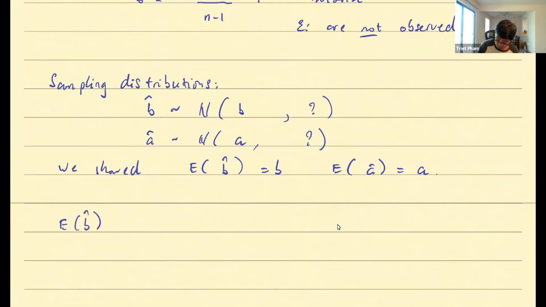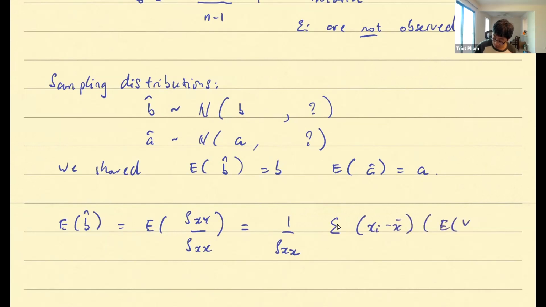Let's just see the calculation again. Expectation of B hat is expectation of SXY over SXX. And that will be 1 over SXX because X is constant, sum, right, of XI minus X bar, and the expectation only hits on the Y, like that, okay?